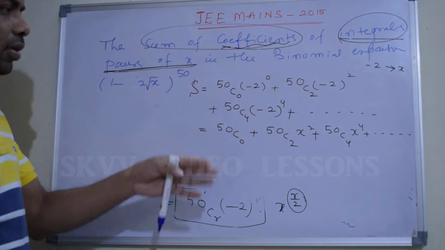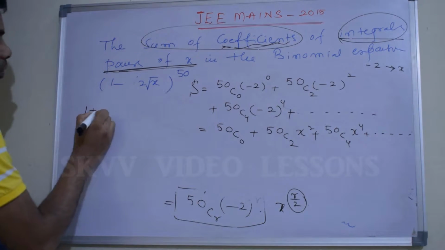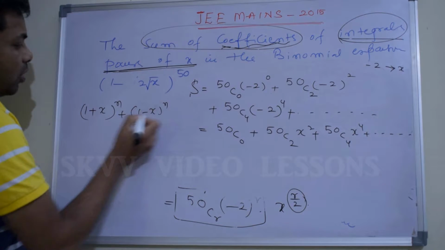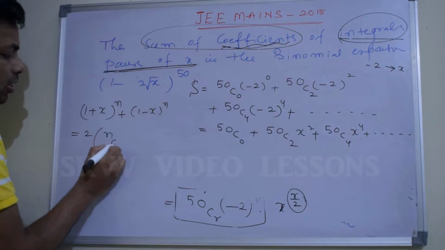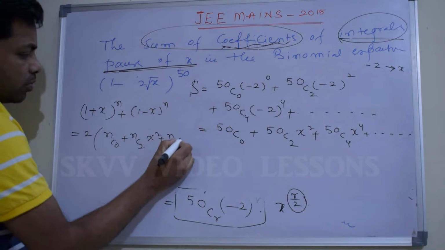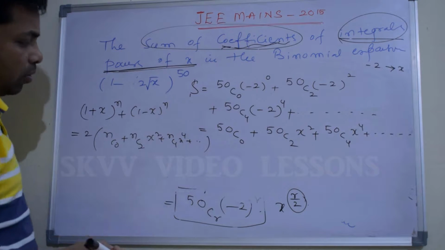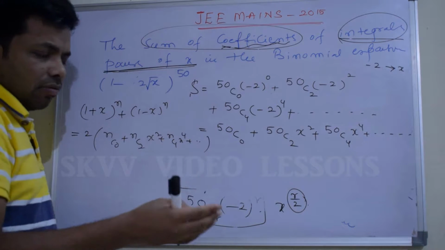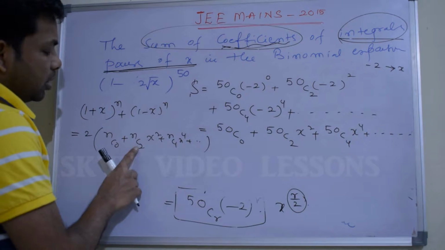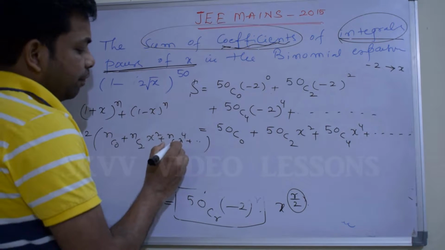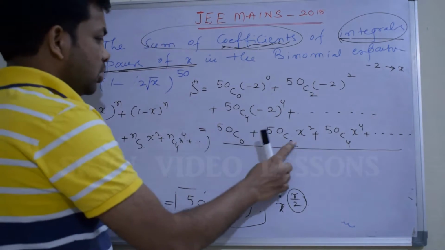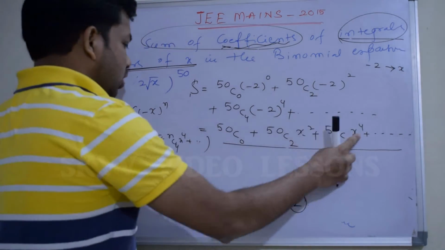Now you see, just now I told you (1 plus x) whole power n plus (1 minus x) whole power n gives double of nC0 plus nC2 x squared plus nC4 x power 4 plus and so on. If you are not following this, you can rewind and watch again. Now you see nC0 plus nC2 x squared plus nC4 x power 4.